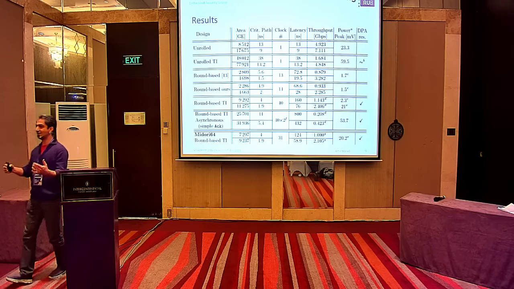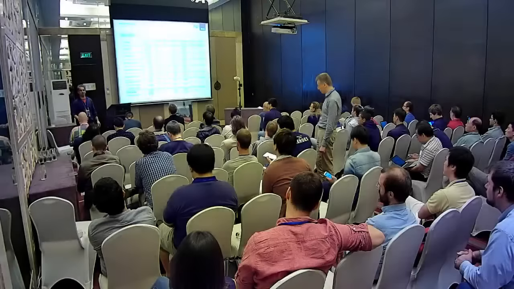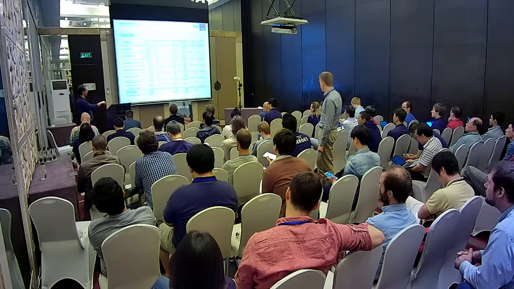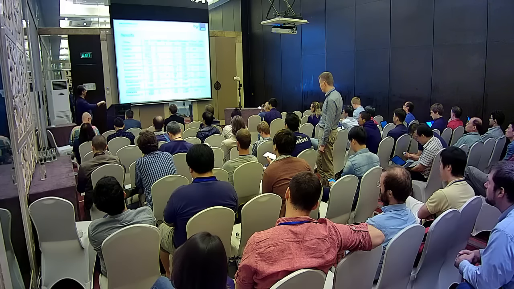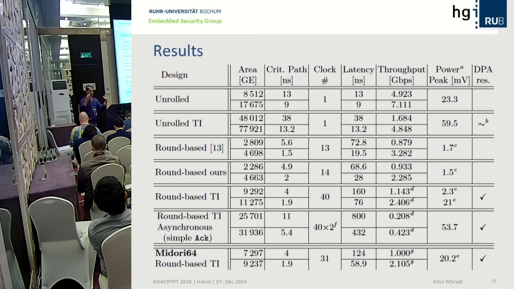The latency is when you give the plaintext and when the ciphertext is ready, which will be the number of clock cycles that you need multiplied by the critical path delay. And look at here, this is 40 by 4, and this is 31 by 4. Because you have a smaller number of rounds, or let's say because of the stages of the S-boxes, in total the latency is shorter.